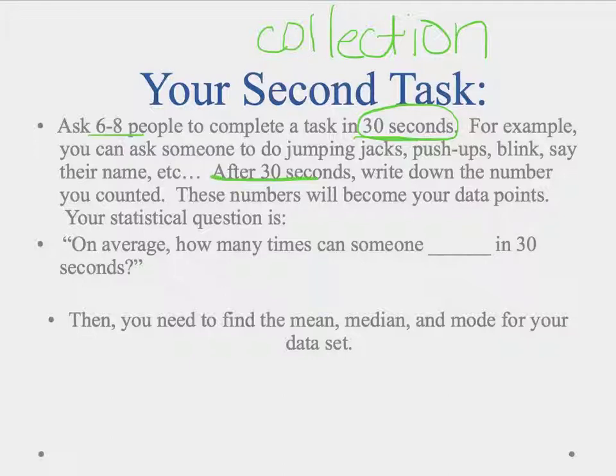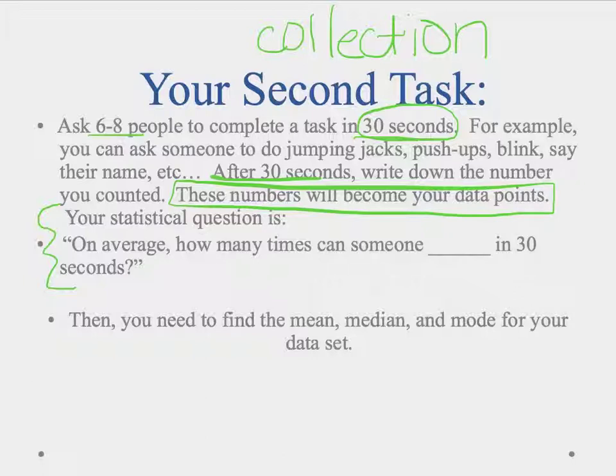They have 30 seconds. And you will count how many times they can do this in 30 seconds and write down that number you counted. And these numbers are going to become your data points. Your statistical question then is, on average, how many times can someone fill in the blank? Do jumping jacks, turn in a circle, say their name in 30 seconds.